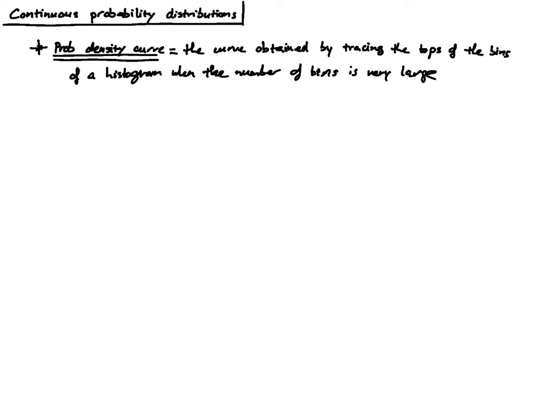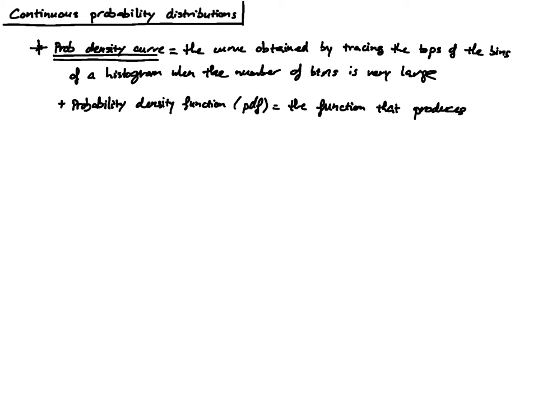Now we can also define the probability density function, or PDF, as the function that produces the probability density curve.